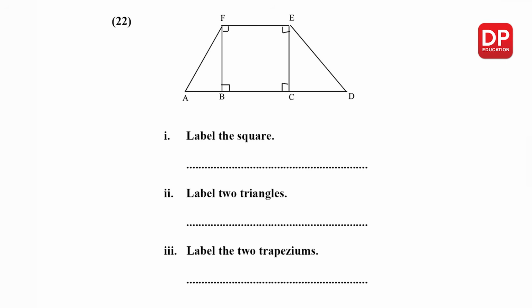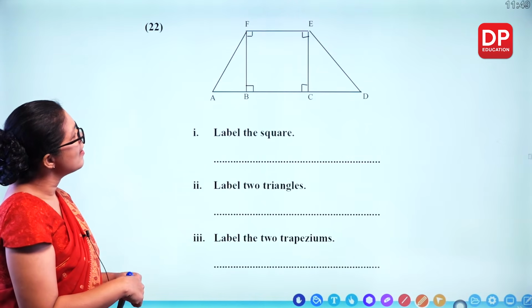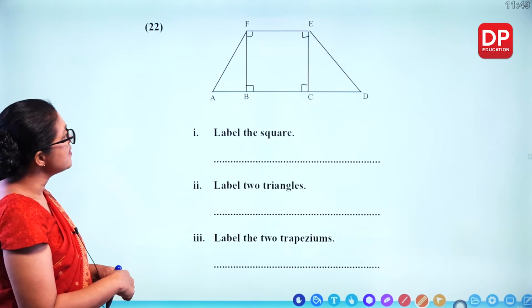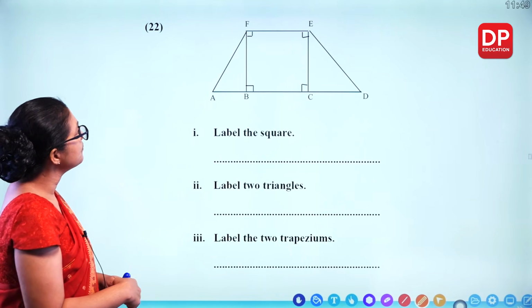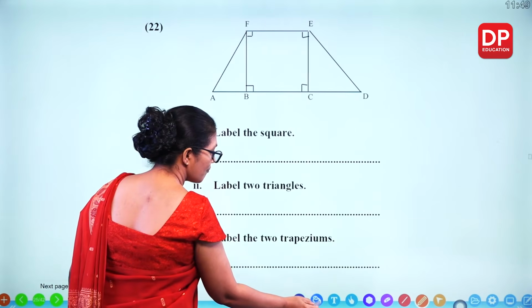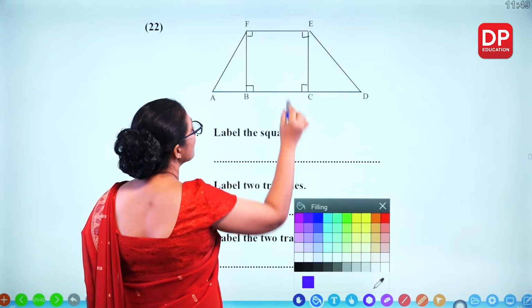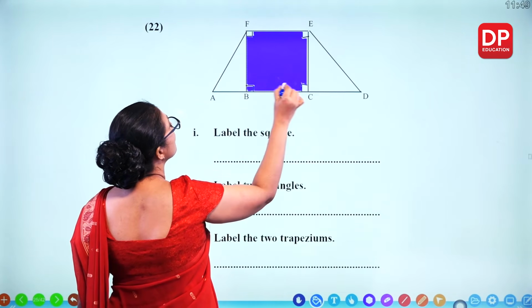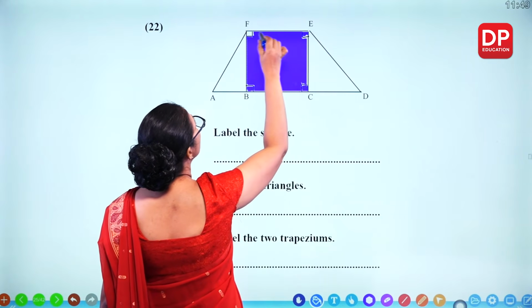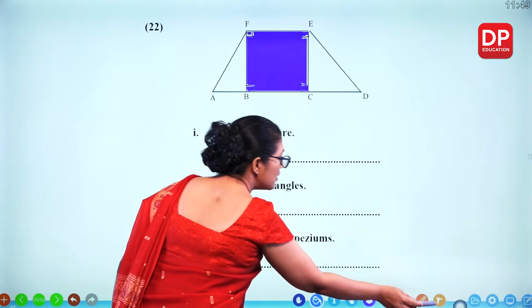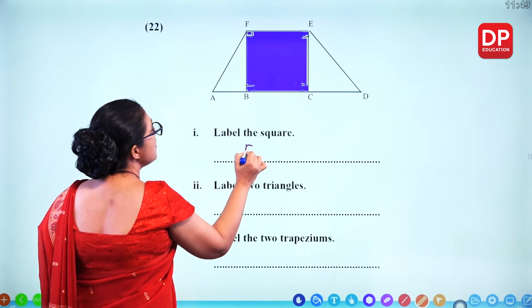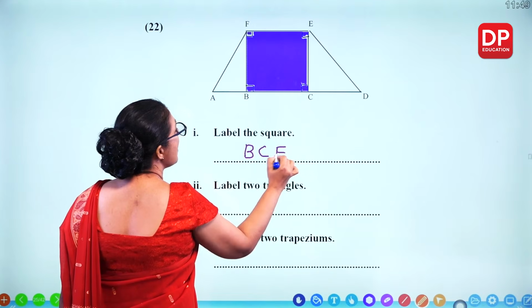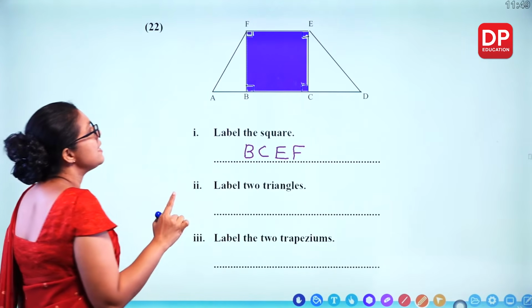What is this shape? We see squares, triangles, trapeziums. Label the square. Where is the square? We can start from one end. BCEF is the square.